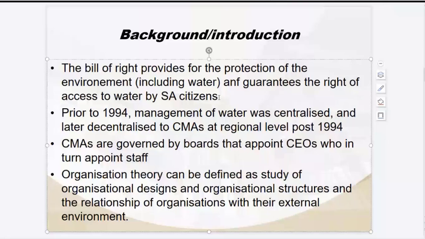And earlier on, our topic was the establishment of catchment management agencies. And it says, after the colon, an organizational design perspective. It means there's catchment management agencies as one aspect, and there's an organizational design. So these are the two parameters that are under study.